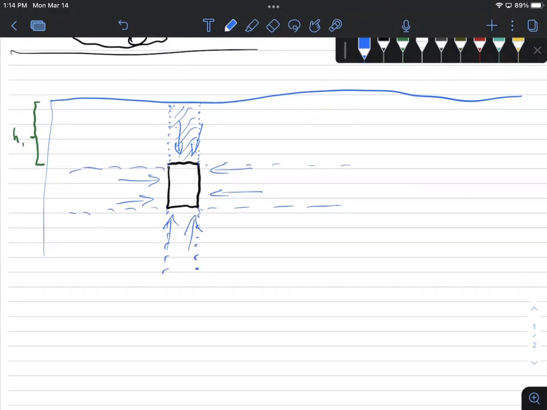Well, it turns out that the amount of pressure you feel based on how deep you go into the water is given by a very easy equation. We've seen it in Bernoulli, actually. The equation is the pressure at a certain depth, a certain amount you go underwater, is given by rho, and that's the density of the fluid.